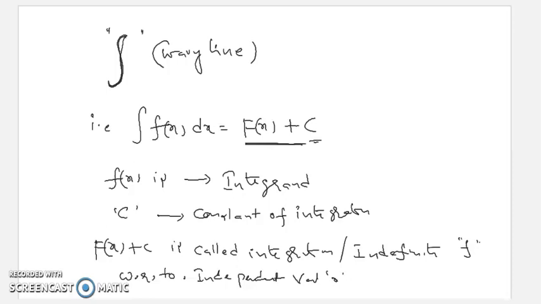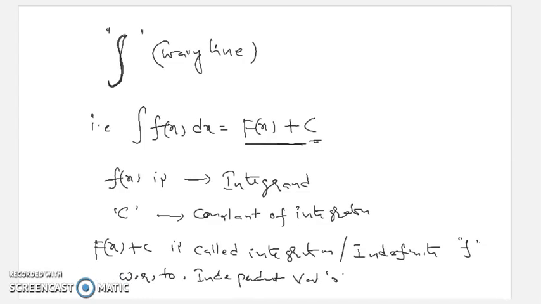Now enter into the important point. Why are we adding C to the answer, or to the result of the antiderivative of the given function every time?